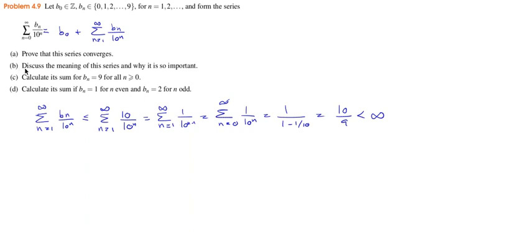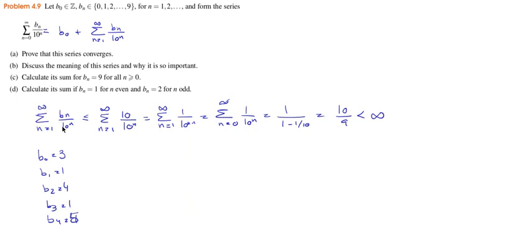The second part is to discuss the meaning of this series and why this is so important. Suppose you have this number, for instance, b sub 0 is 3, then b sub 1 is 1, b sub 2 is 4, b sub 3 is 1, b sub 4 is 5.